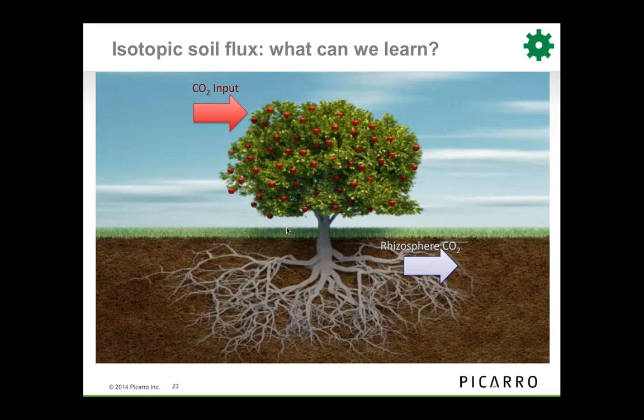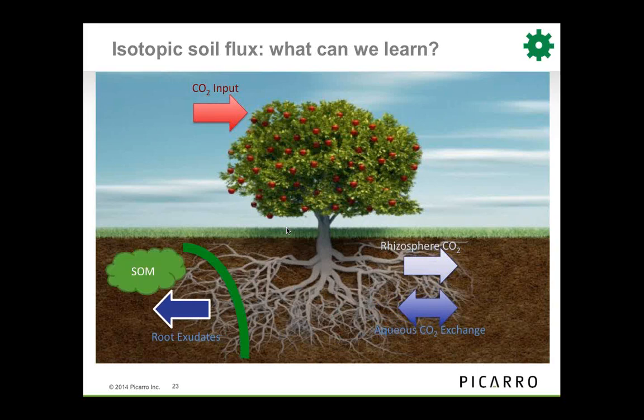We get a very different rhizosphere CO2 signature. We can have very different aqueous CO2 exchange isotopic signatures. The root exudates have different isotopic signatures, as does the soil organic matter, for various reasons. What we end up being able to do, based on these signatures, is look at what's coming out of the soil from autotrophic respiration, and you can even break that down further to see what's coming from rhizosphere versus stem respiration.